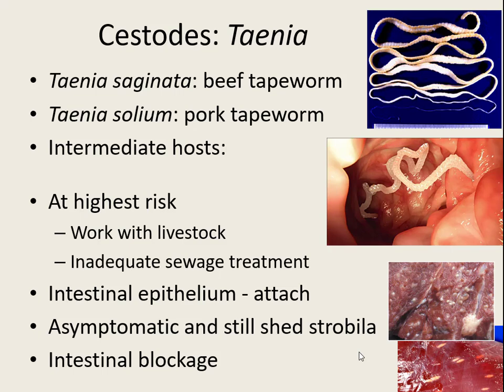It's not uncommon that an adult tapeworm can have anywhere between 1 and 2,000 proglottid segments in it. And each one of those little segments, if it's mature, can produce 100,000 eggs a day. So you're shedding eggs all the time. If you get enough tapeworms in your intestinal tract, it can cause intestinal blockage.